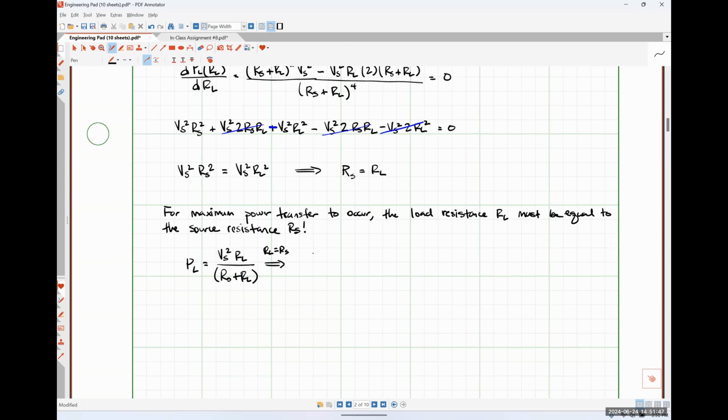This becomes VS squared times RS over, sorry, I missed a squared there, 2RS squared, or 1/4 VS squared over RS.